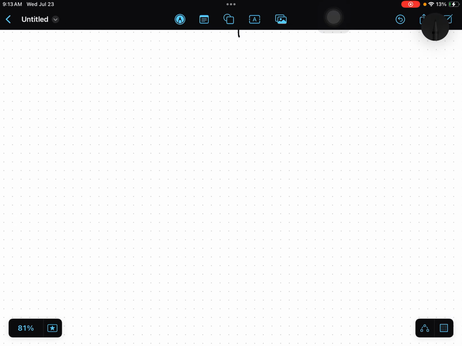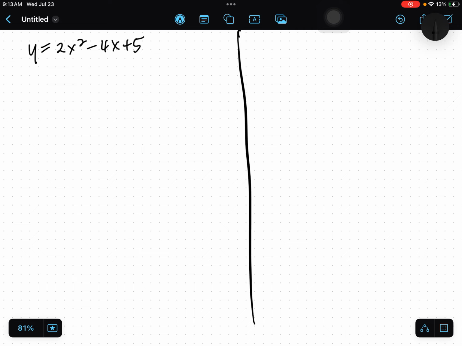Let's have another example. Here. Y is equal to 2x squared minus 4x plus 5. So again, I will be using both methods.